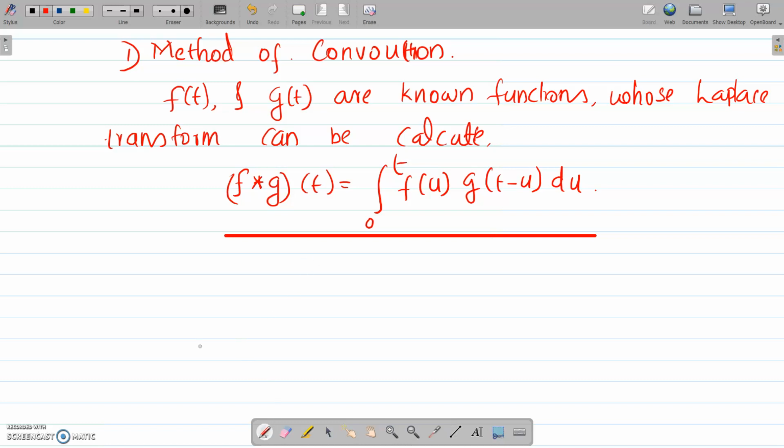Then we mainly have the convolution theorem.